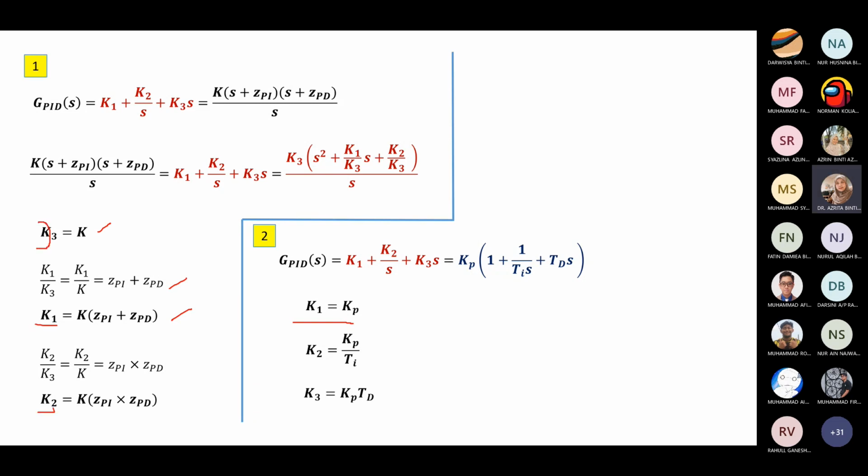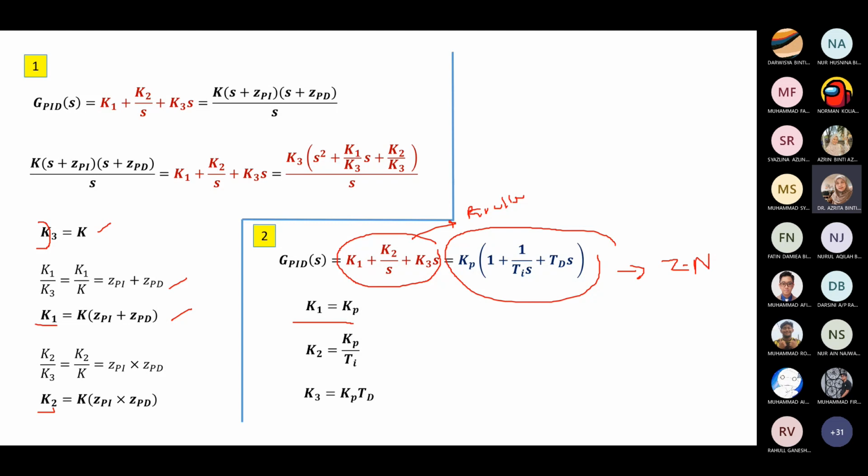So basically, we can also find the relationship between the parallel form. Here, this equation is from the parallel form or the real implementation, and here is from the Ziegler-Nichols.